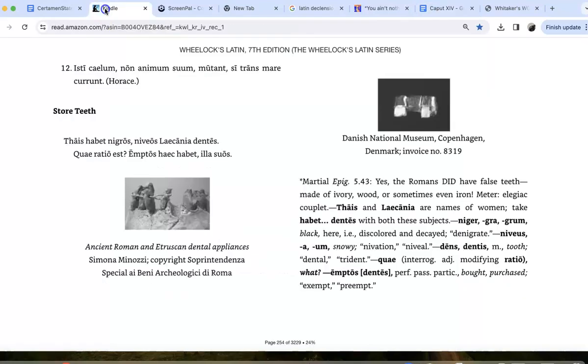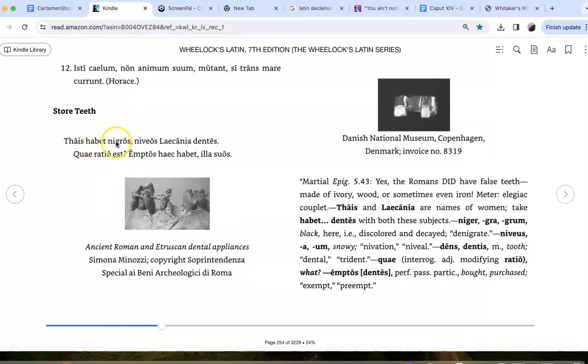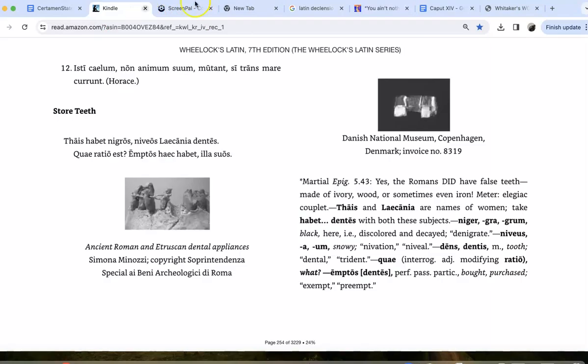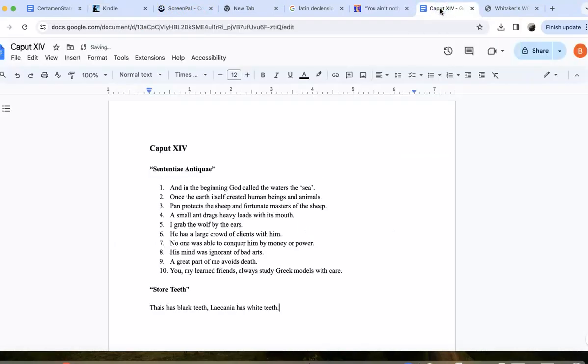Thais has black teeth. Thais has black teeth. Lacania has white teeth. All right, so that is the end of the sentence.